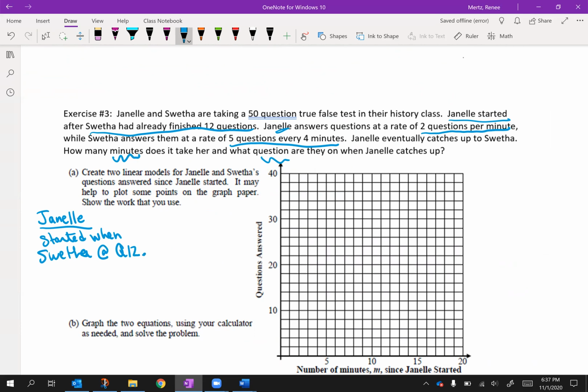She answers them at 2 questions per minute, so that's our slope. m is 2 questions per minute. The other girl, we know the slope is 5 questions every 4 minutes, so 5/4.